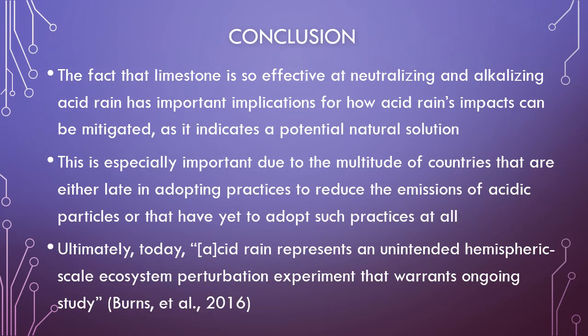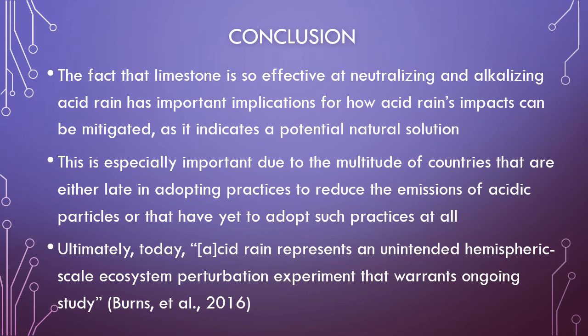So in conclusion, the fact that limestone is so effective at neutralizing and alkalizing acid rain has important implications for how acid rain's impacts can be mitigated, as it indicates a potential natural solution. And this is especially important because several countries have been either late in adopting other sorts of practices to reduce the emissions of acidic particles, or they have yet to adopt such practices at all, and emissions of acidic particles are continuing to increase.